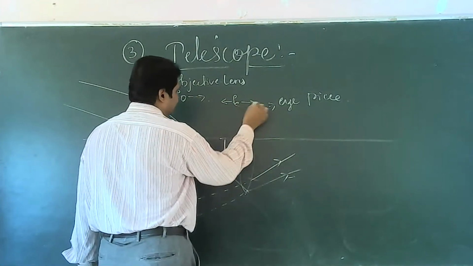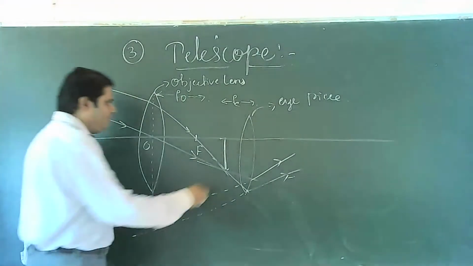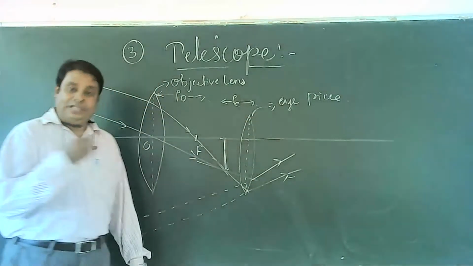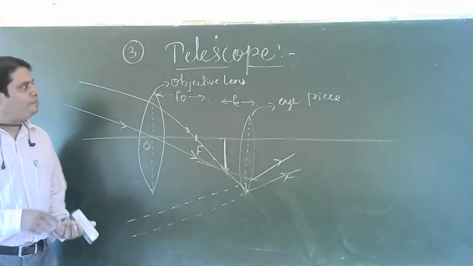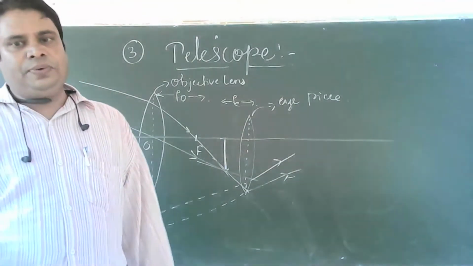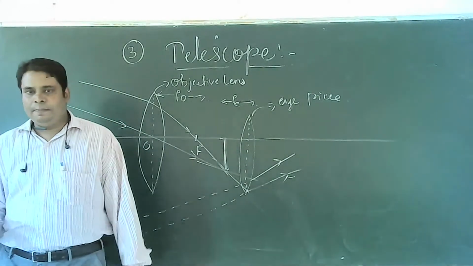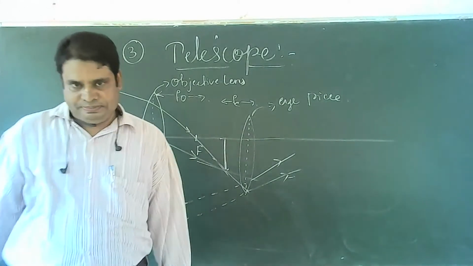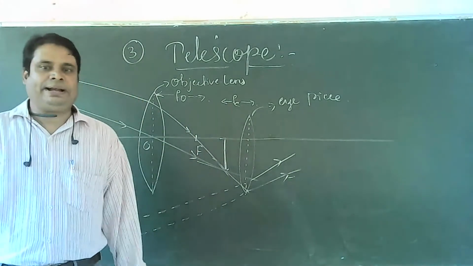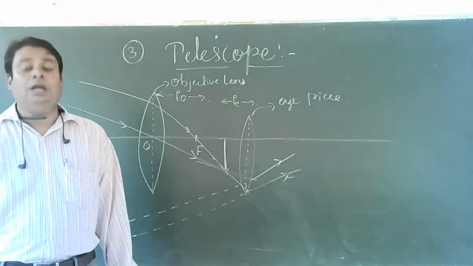This is Fe. This is the nature of the image formed in case of your telescope. Remember, this kind of telescope where lenses are used is called a refracting telescope.